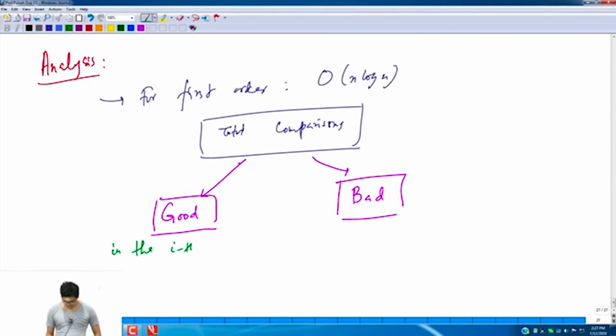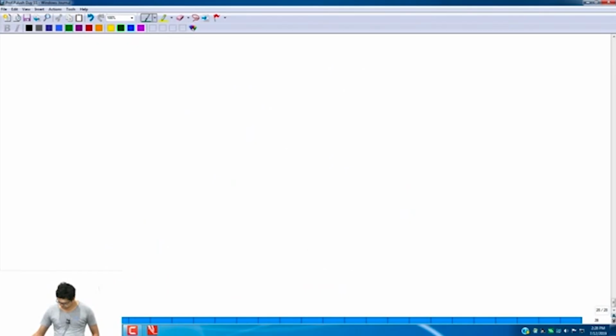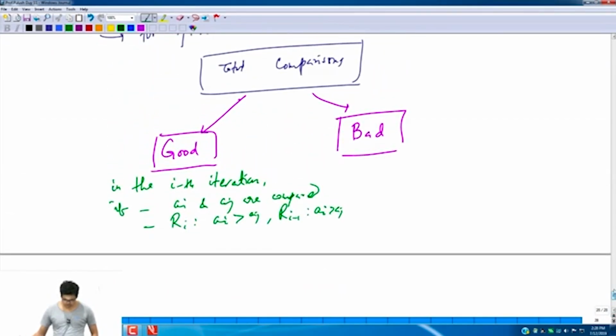So suppose the algorithm has made a comparison in the ith iteration between two objects AI and AJ.